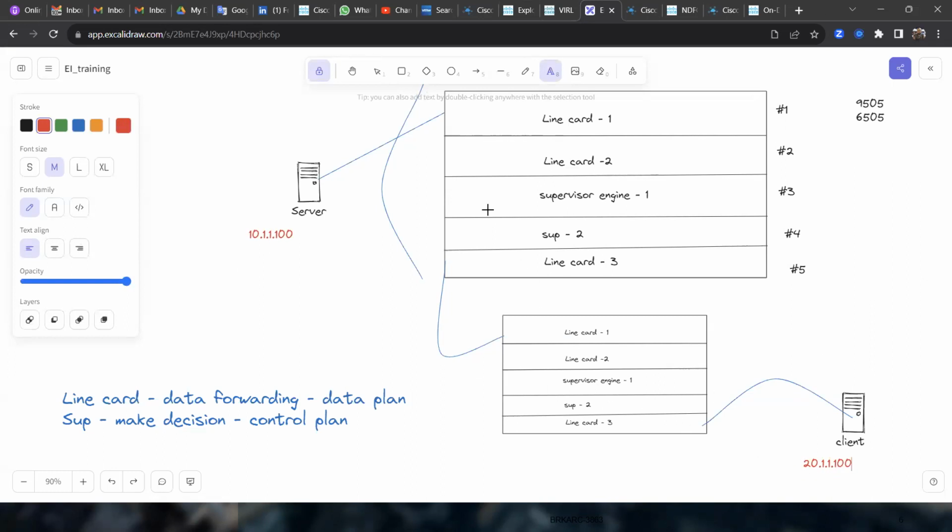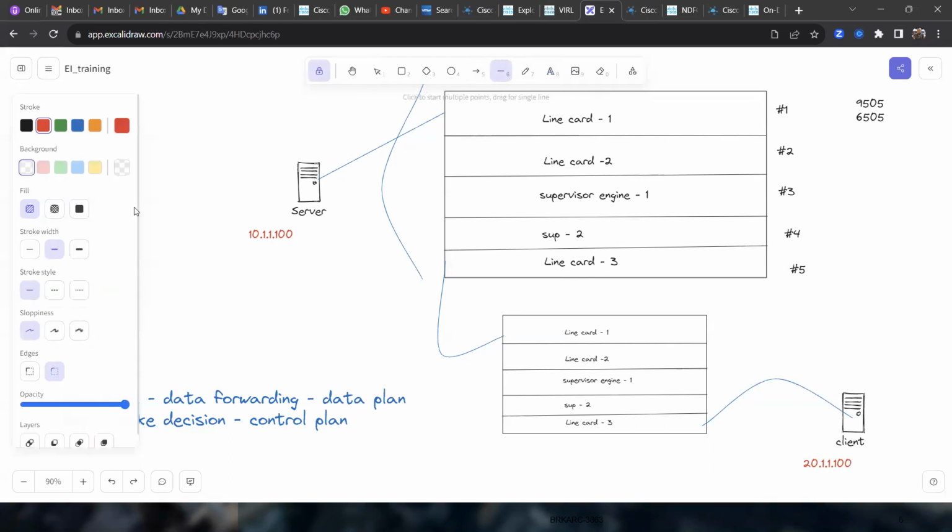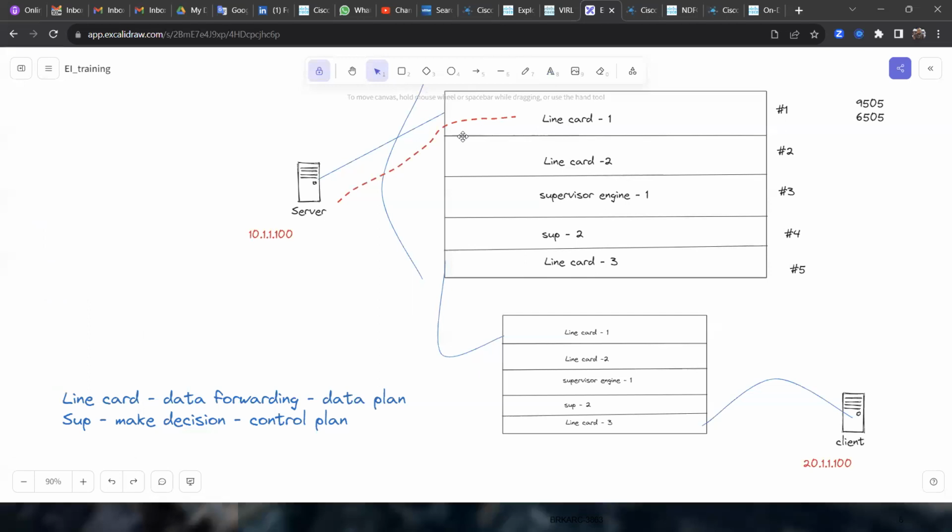That means routing will happen, right? Routing will also happen, plus, first of all, the switch has to learn the MAC address. So somehow this MAC address will be learned by the switch, meaning this line card should learn the MAC address.